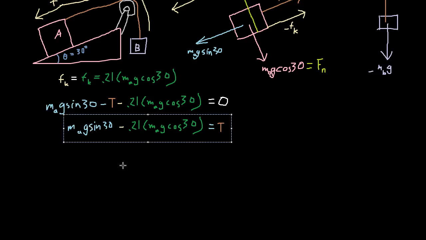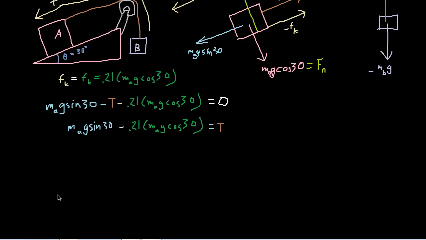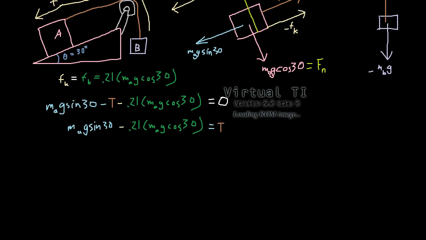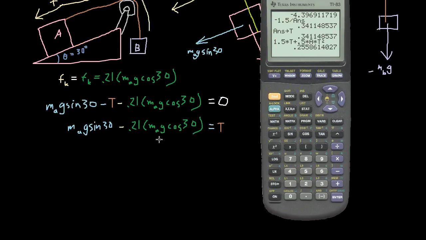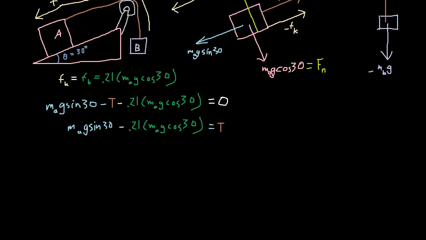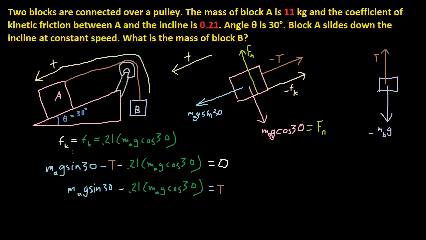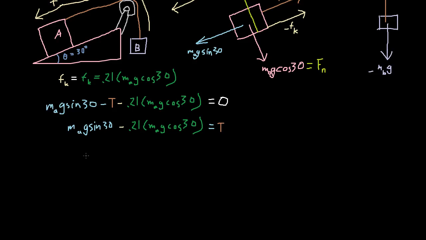It's good to have a value, so let me bring up my calculator. So mass of A is 11 kilograms.